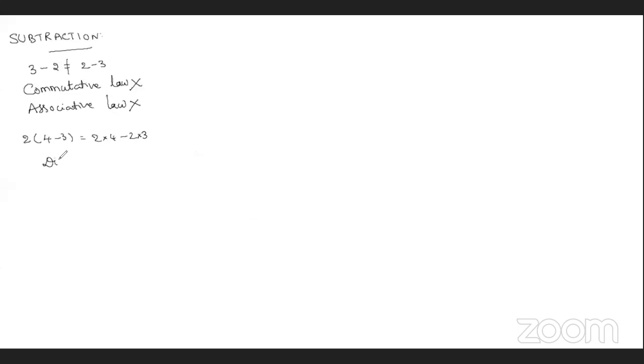So it obeys which law? Distributive law. So for subtraction, it does not obey the commutative law, does not obey the associative law, but obeys the distributive law. But how to find the magnitude and direction of subtraction of vectors? That we will go into in the next class.